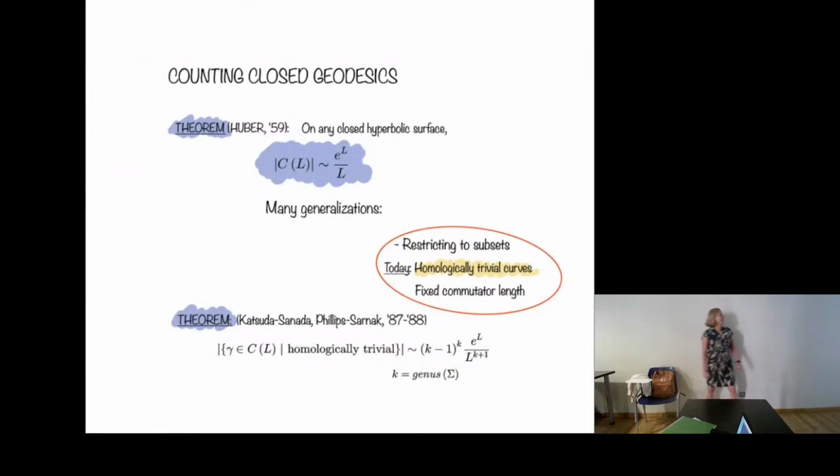Okay. Katsuda, Sunada and Phillips-Sarnak proved this in the 80s. So the subset of those that are trivial in homology grows like e to the L over L to the k plus 1, times a topological constant, where k again is the genus of the surface.